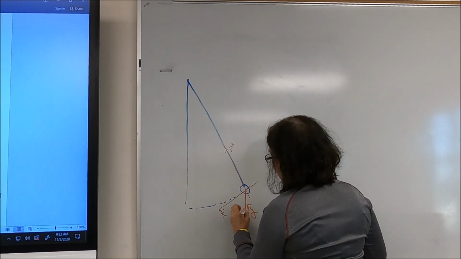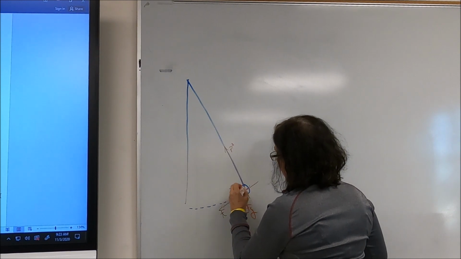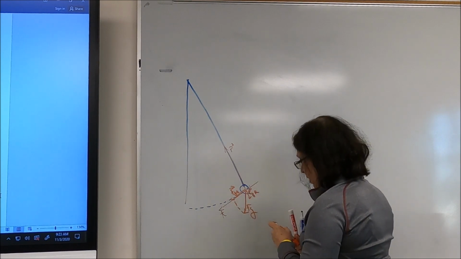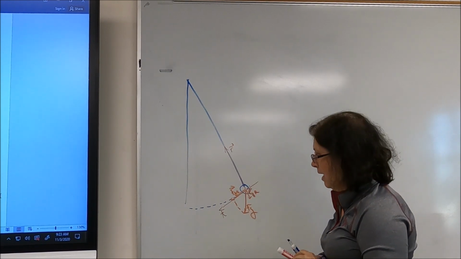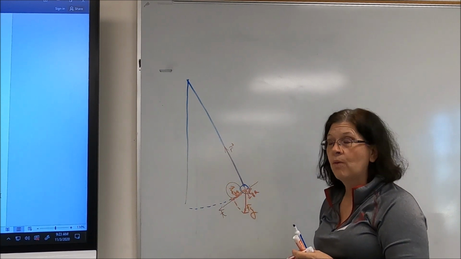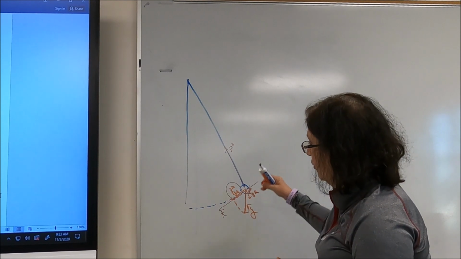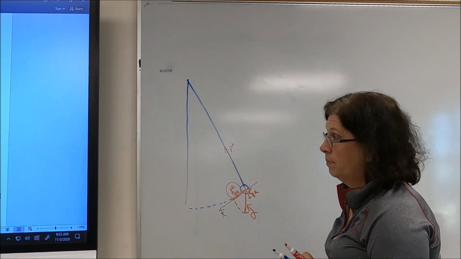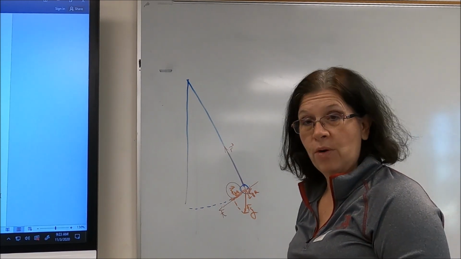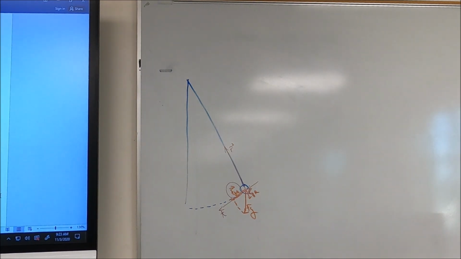So there's going to be a tangential component, and there's going to be a radial component. It is this tangential component of the force due to gravity that is the restorative force on that ball. So let's keep in mind that that's our restorative force, and we need a restorative force when we're seeing simple harmonic motion.